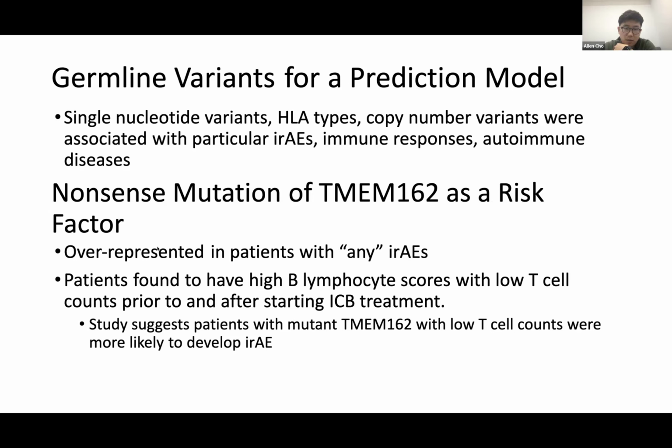It was very commonly seen in all of the adverse event patients, this TMEM162. It resulted in high B cell count with a low T cell count after starting immune checkpoint blockade treatment. So they're thinking that patients with this mutation are more likely to develop the immune related adverse events.